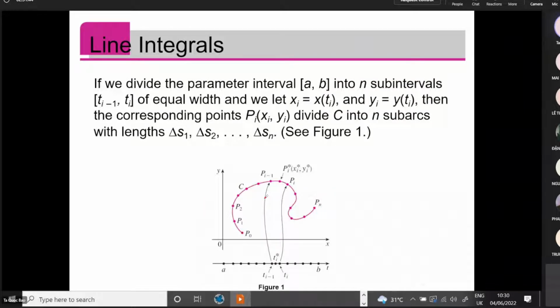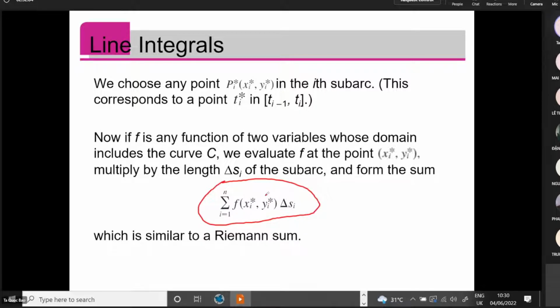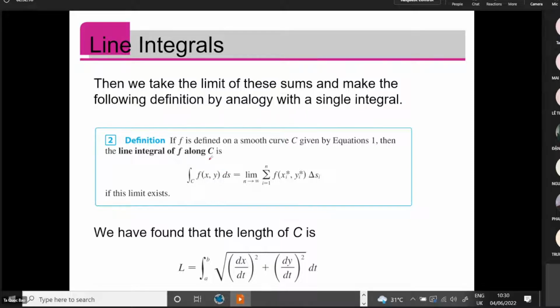Now when the intervals [t_{i-1}, t_i] are small enough, so n goes to infinity, then if the limit exists, we call this the integral of f along C. So now we have a full definition of the integral of f along the curve C.